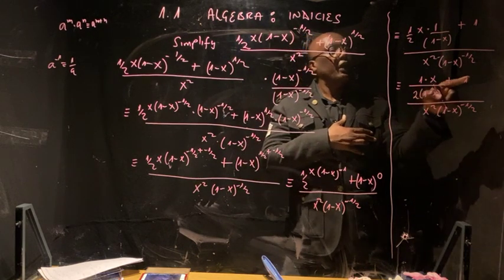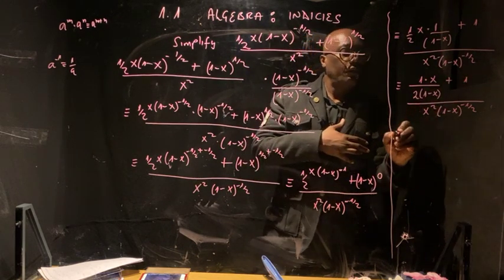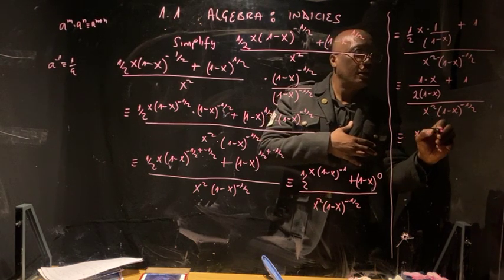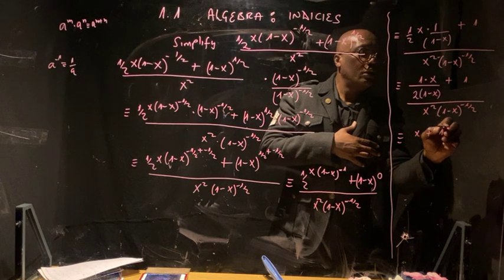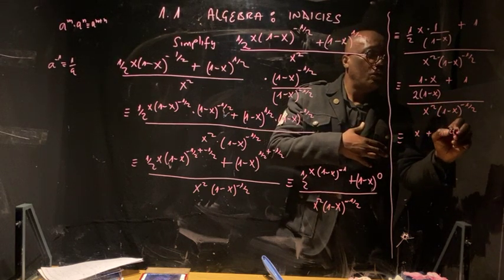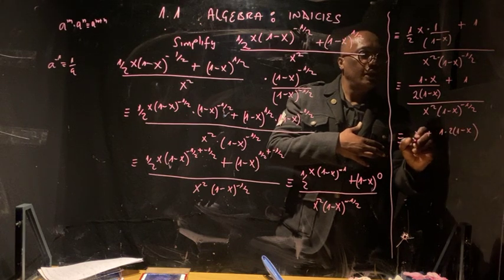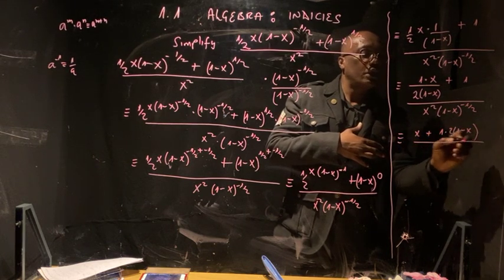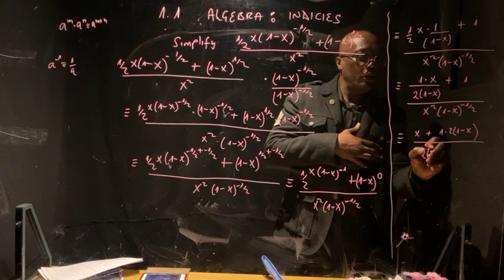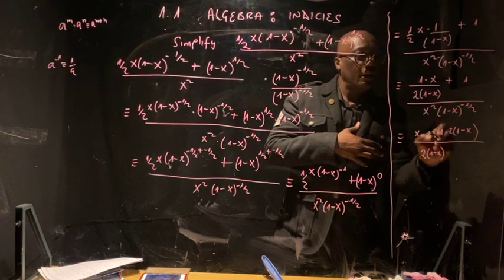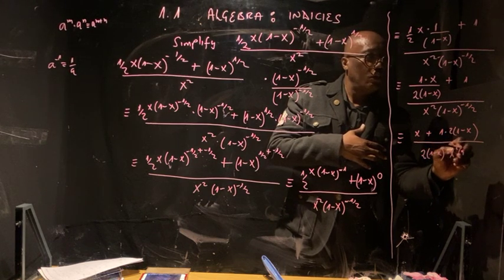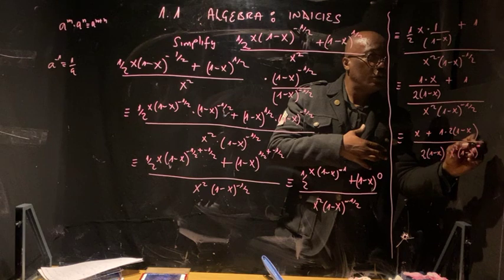You cross multiply this one. If you do that, you have x plus 1 times 2, cross multiplied to 1 minus x. Then the denominator at this time becomes 2 times 1 minus x multiplied to x squared 1 minus x raised to the power negative half.